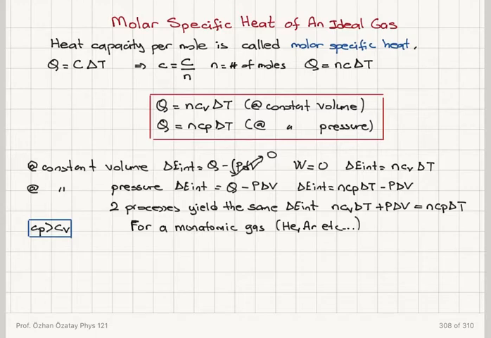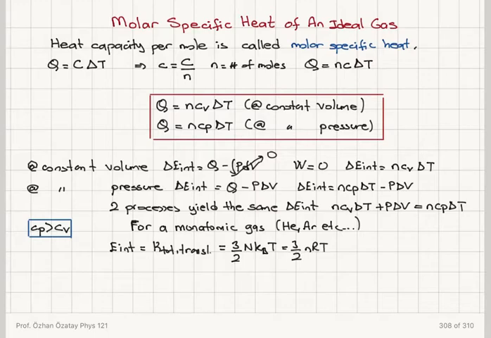The total internal energy of the gas is the total translational kinetic energy, because there are only translational degrees of freedom, and that's equal to 3/2 N kB T, or 3/2 n R T.